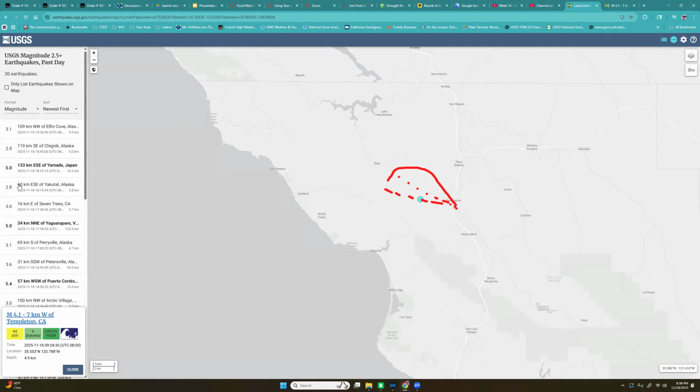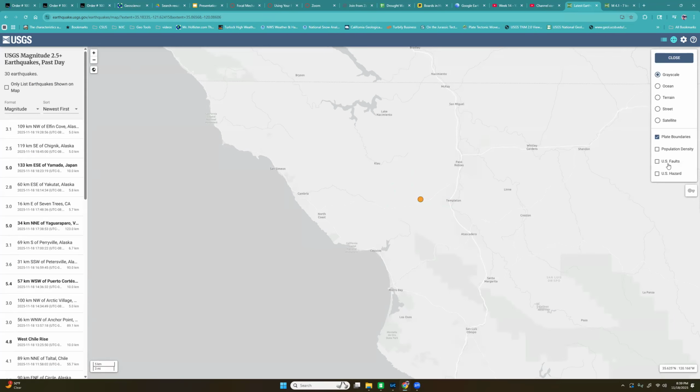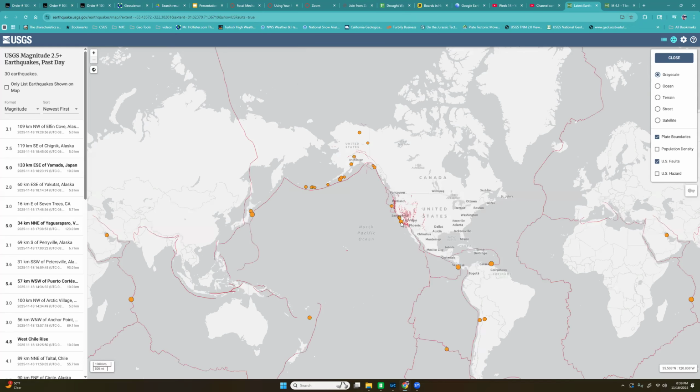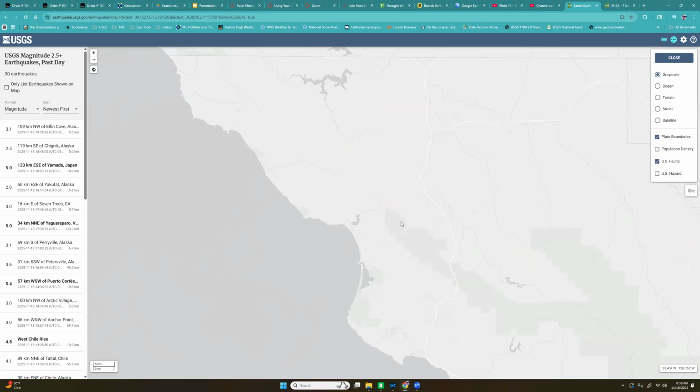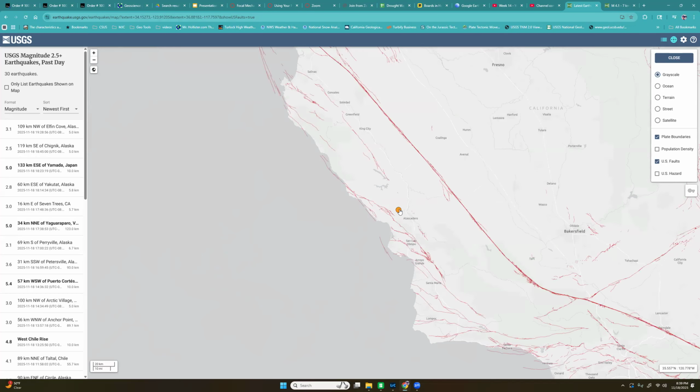I'm wondering if we put on the faults there, if we can actually see what direction that sucker is. But what we do know is that it is an oblique reverse fault. Let me put on the actual faults and then we'll be done. And you guys can fast forward through this, I suppose. And there you go. So this one's not actually on any fault, which is kind of interesting.